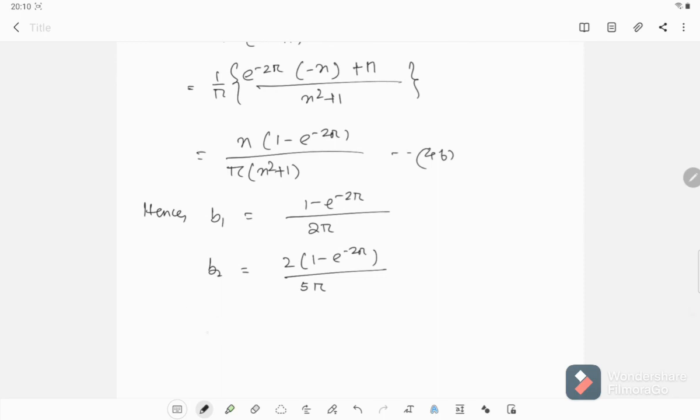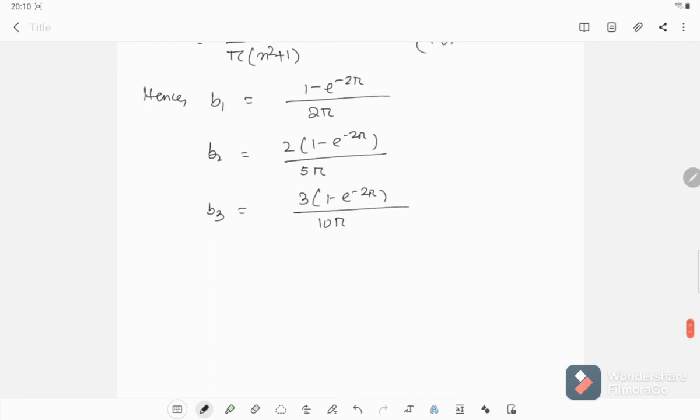And b3 would be 3 of (1 minus e to the power minus 2 pi), and that would be over 10 pi, and so on.